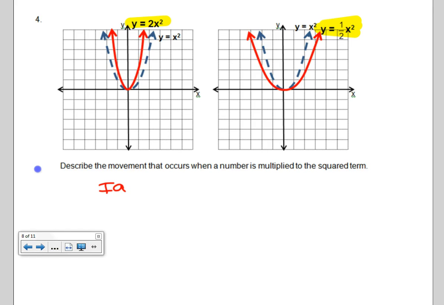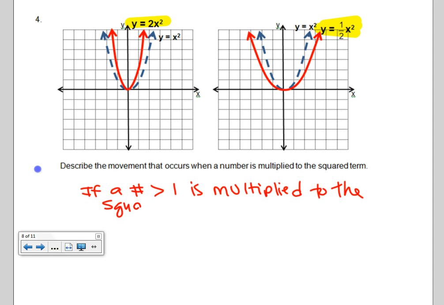All right, if a number greater than 1 is multiplied, it becomes more narrow.